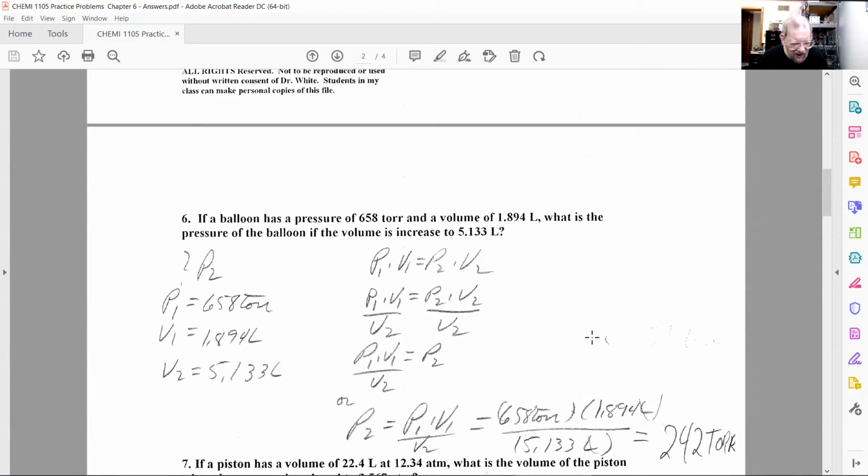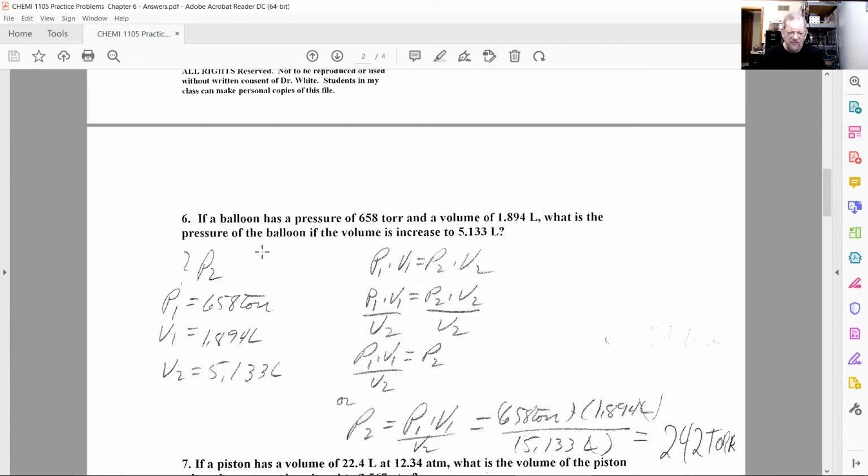Now, the next one, number 6. If a balloon has a pressure of 658 torr and a volume of 1.894 L, L is liters, a volume measurement, what is the pressure of the balloon if the volume is increased to 5.133? So if we look over here, what are we being asked to find?